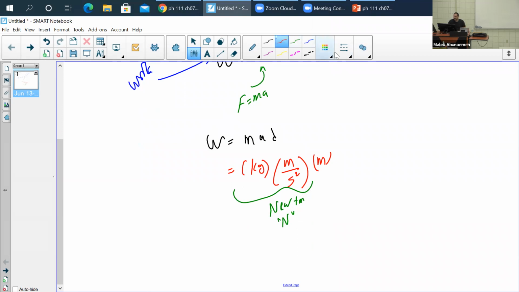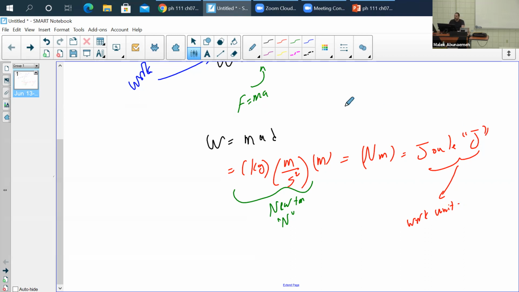Multiplied by your distance. So really, it's your newton meters, which is what we call a joule. We'll give it the big letter J. So your joule is going to be your work unit. Your work is always in joules.